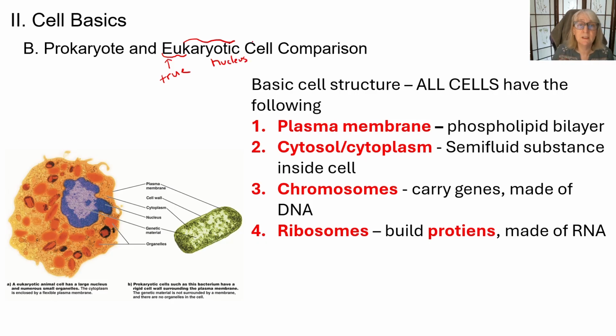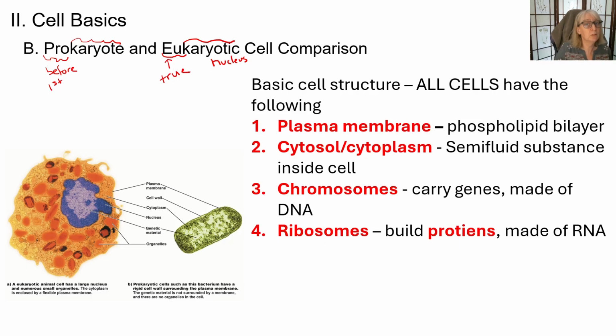You're a true nucleus cell. Kind of FYI, because it's not really part of our class very much, but pro means before, or the first. Karyote meant nucleus. Bacteria and archaea are prokaryotes. They are cells that evolved before the nucleus evolved.